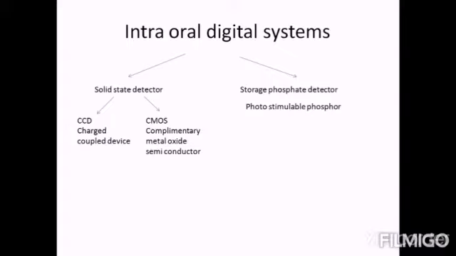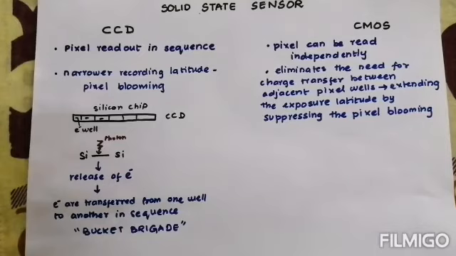Types of intraoral digital systems. Solid state detectors are CCD and CMOS, and the storage phosphor detector is the photostimulable phosphor. Solid state sensors: CCD and CMOS. In CCD, the pixels are read out in sequence, while in CMOS, the pixels can be read independently.